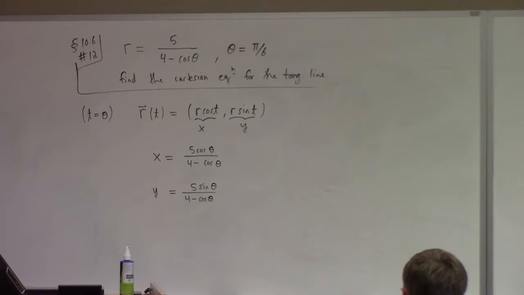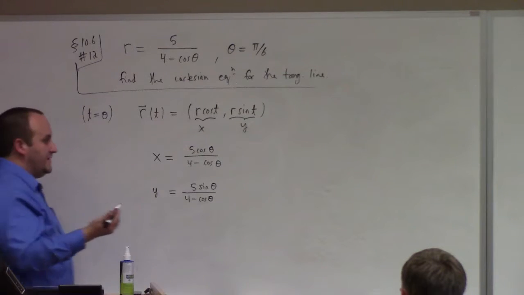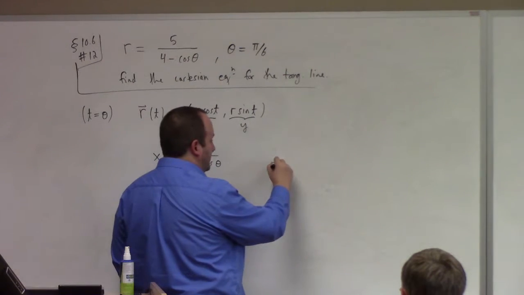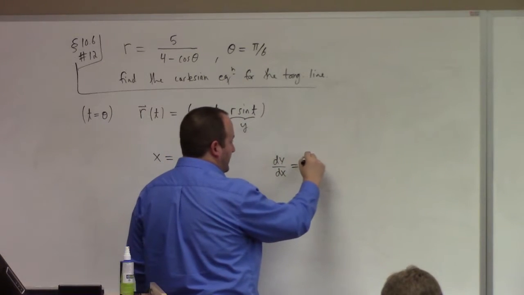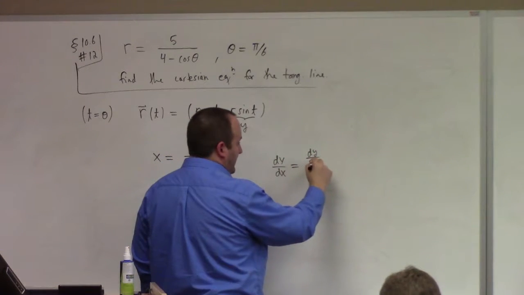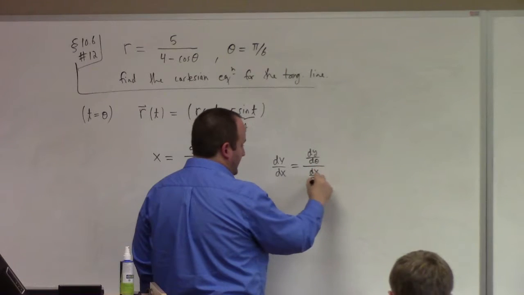If you're given the curve in polar coordinates, the simplest thing to do is just to shove the formula for R into the polar coordinate transformations. That gives us the parameterization as a function of theta. And then how do you find the slope? Remember, we have this result, dy dx is equal to dy d theta divided by dx d theta, right?